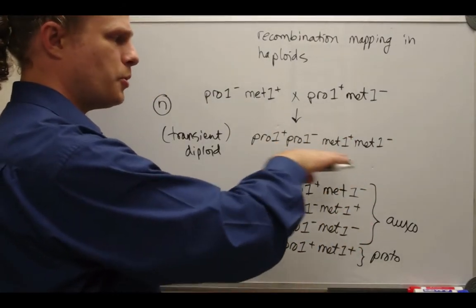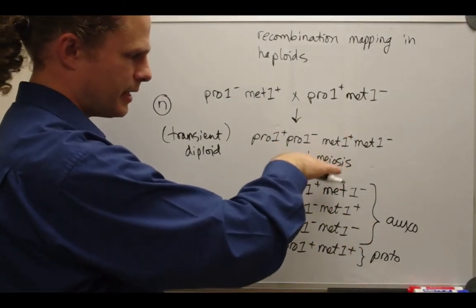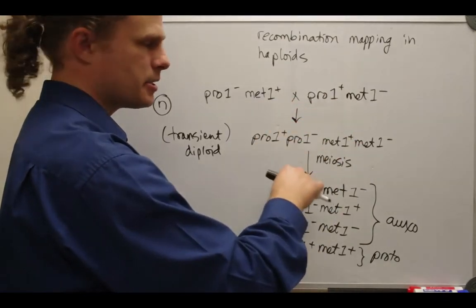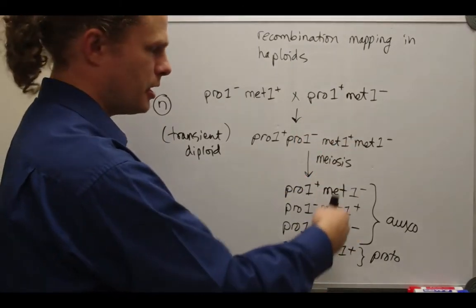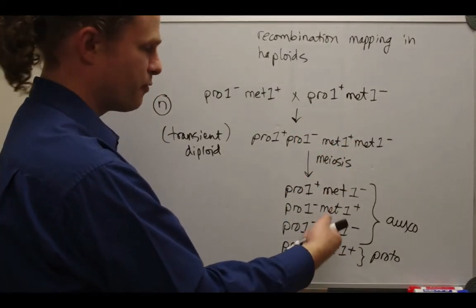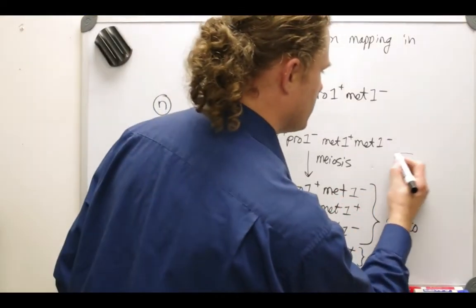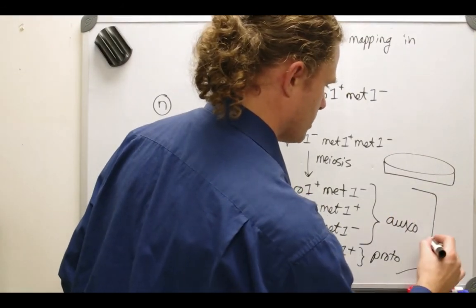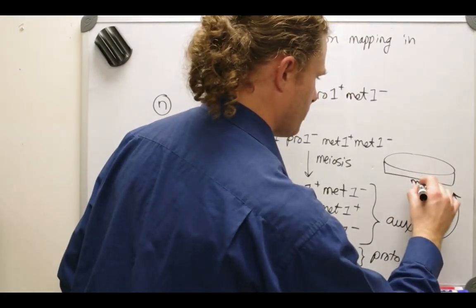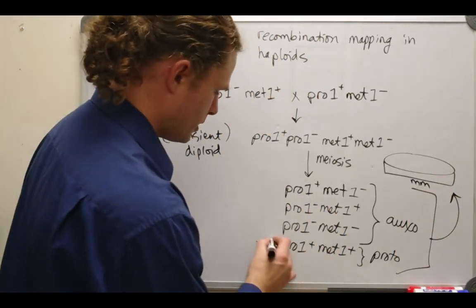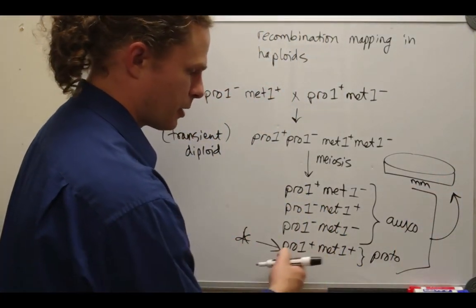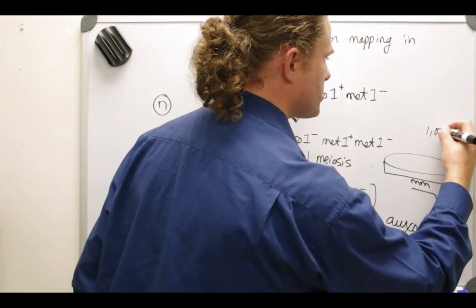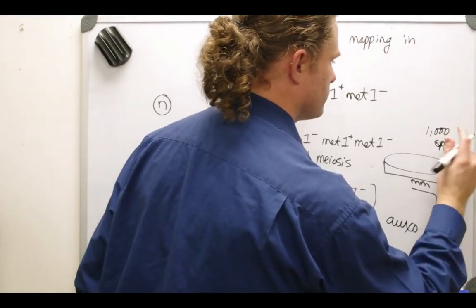Now, the question would be, what would you see if you happen to plate these offspring? So you do this cross, you get the transient diploids, they undergo meiosis and make new progeny, and then you plate these progeny on different plates. What would you see? If you plated these on minimal media, so we take this whole mix and plate it on minimal media alone, the only genotype that's going to grow is the recombinant. So let's say you plated 1,000 spores. Okay.